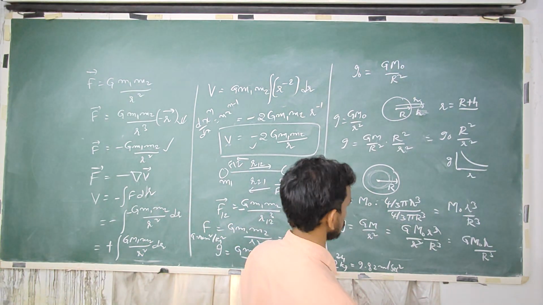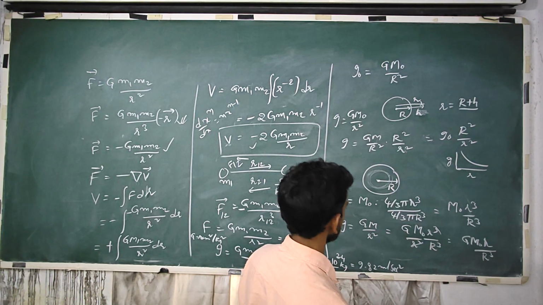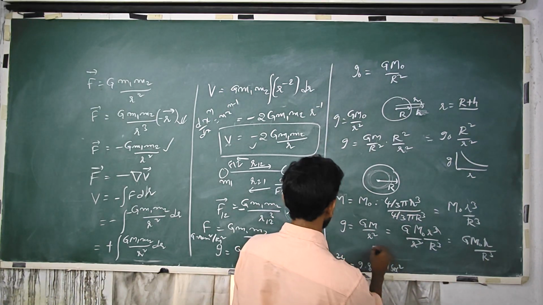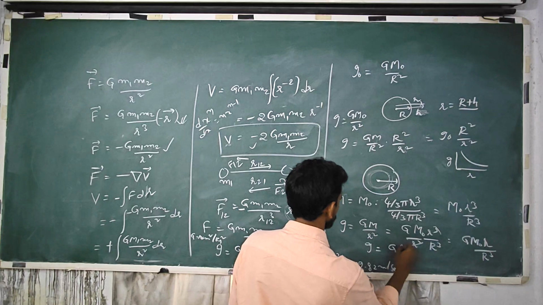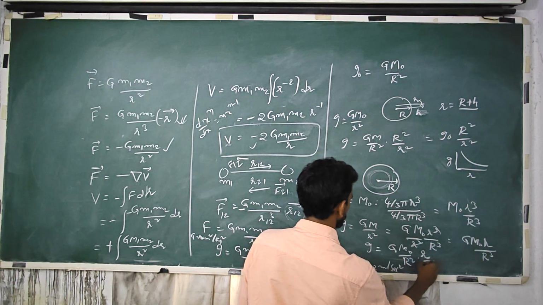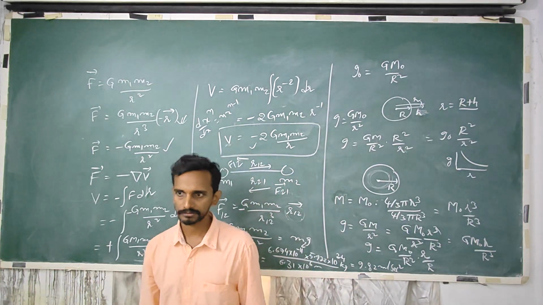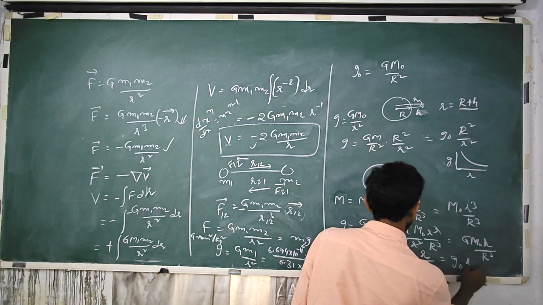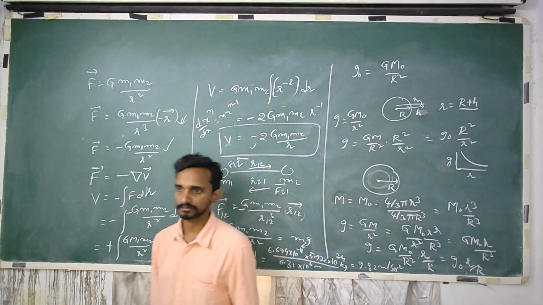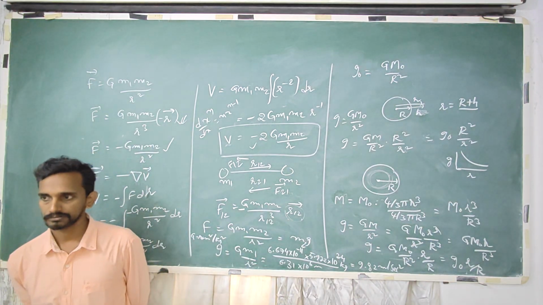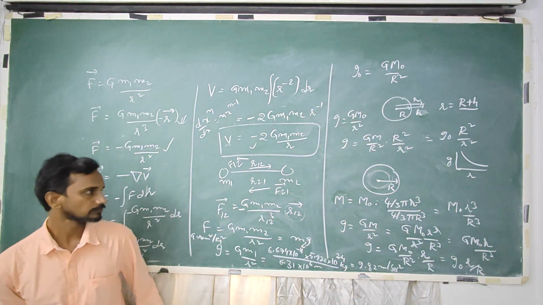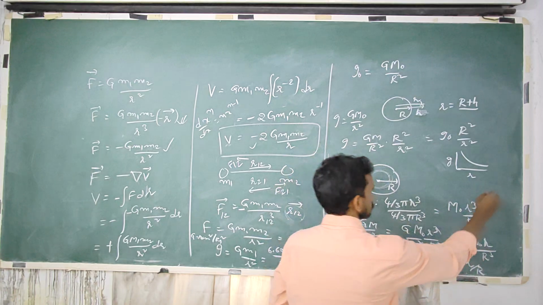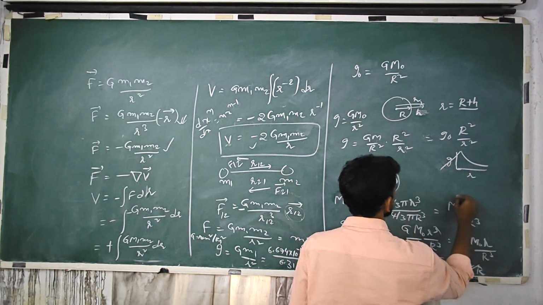If you divide and multiply, this can be written as G M naught by R square times r by R, which is G naught r by R. So it is the value of G naught multiplied by r by R, so it reduces linearly.